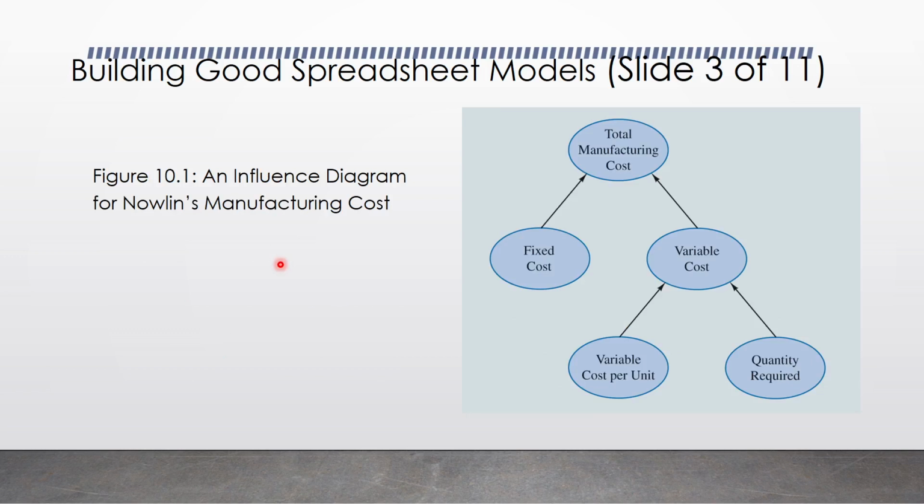This figure shows an influence diagram for Nolan's total cost of production for the Viper.